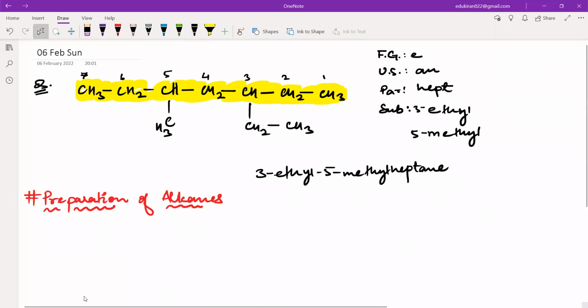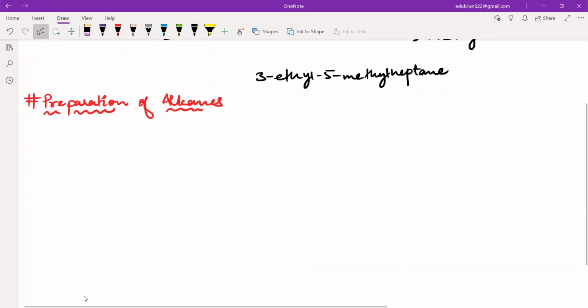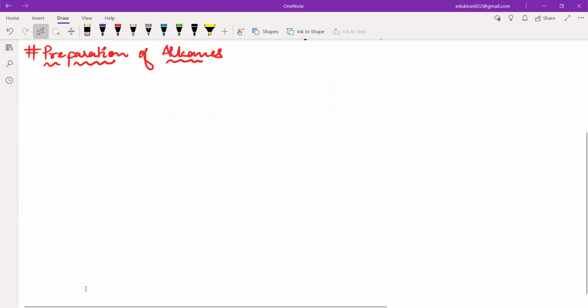The sum of the positions of the substituents will be the least, and that is the lowest locant rule. If you want the exact statement, you can just Google it now. I don't remember the exact statement.